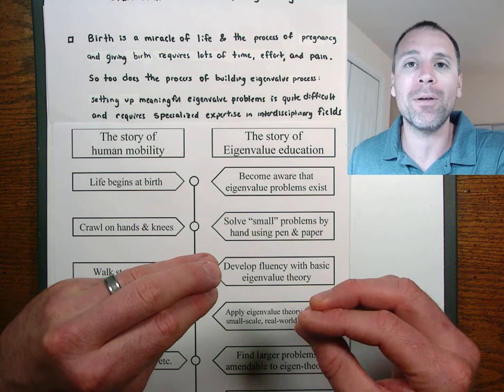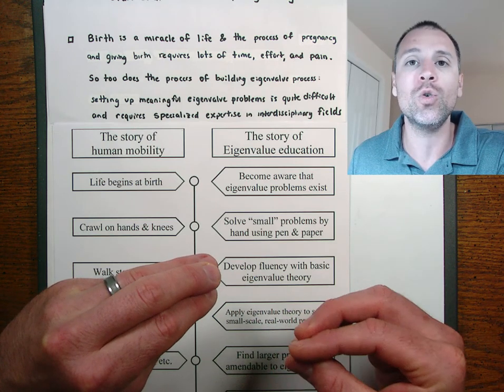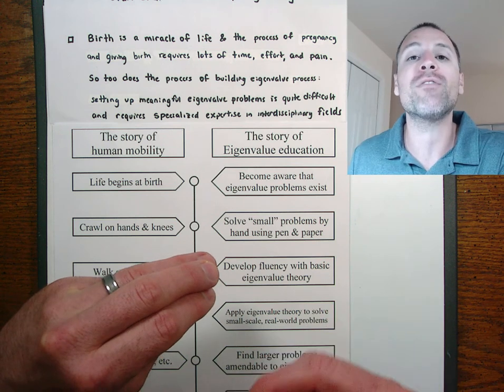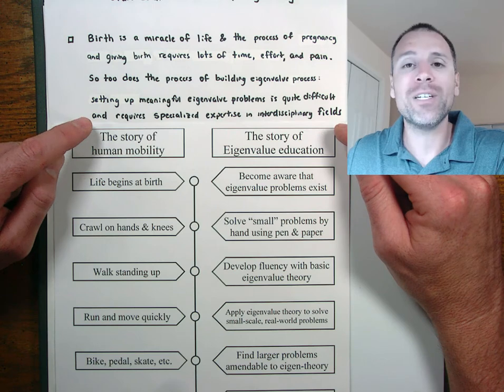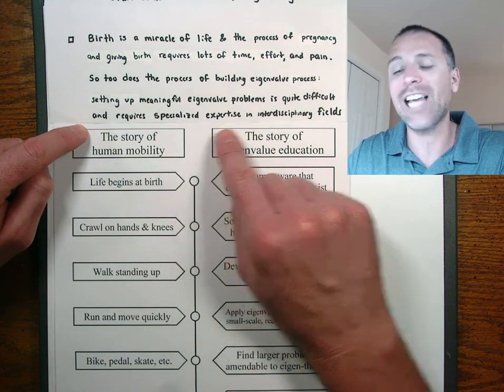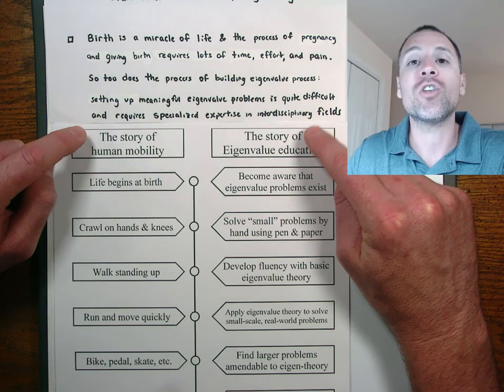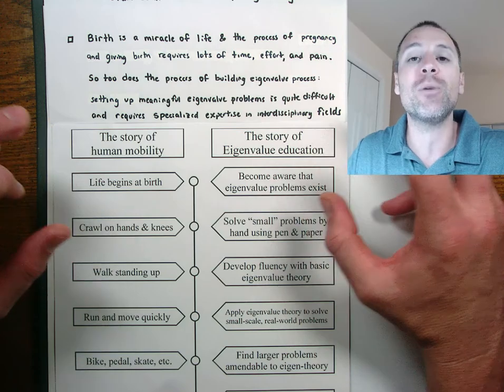Building meaningful problems is probably one of the most valuable things that we can do with our education, and it is one of the least taught things in formal classrooms. One of the gifts that I hope to give my students is insights into how to build specialized expertise and interdisciplinary knowledge so that we ourselves can create our own problems and bring those tools into the communities that we serve.